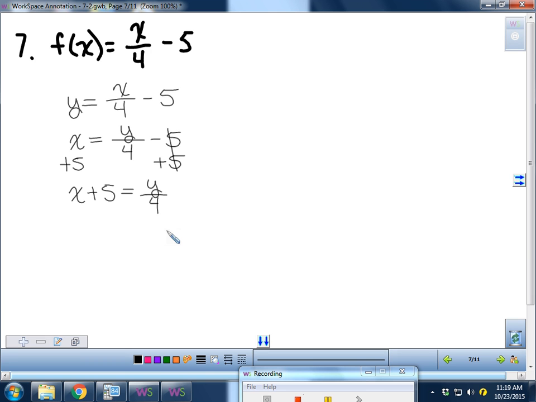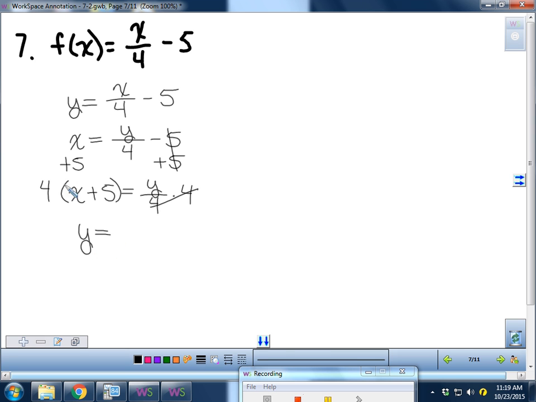All right, now I have y being divided by 4, so to get rid of the 4 I will multiply by 4. Now I am multiplying both of these numbers on this side by 4. Not just the first one, not just the second one, everything. Okay? It's both sides times 4. So that means I'm going to actually have to do a little more work here. So my y is by itself.